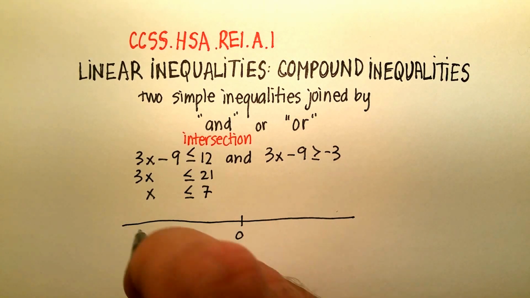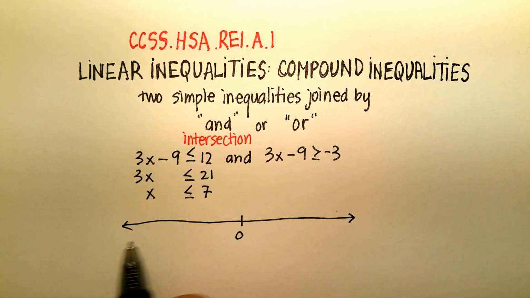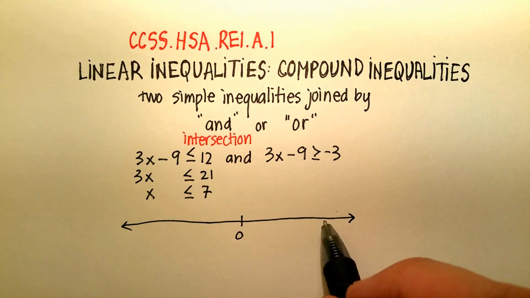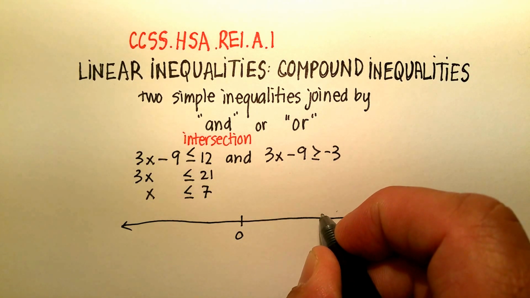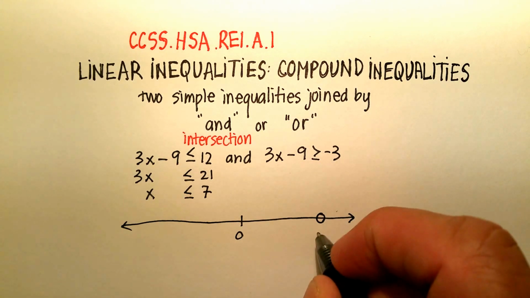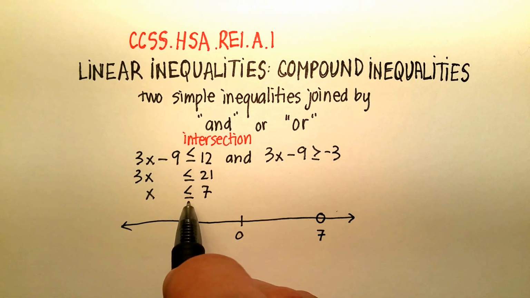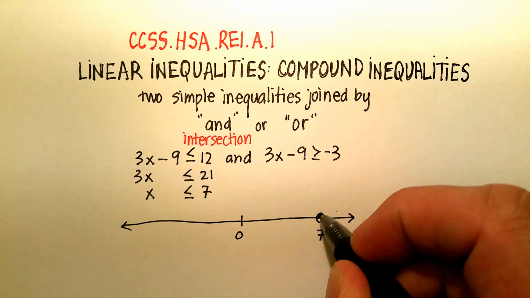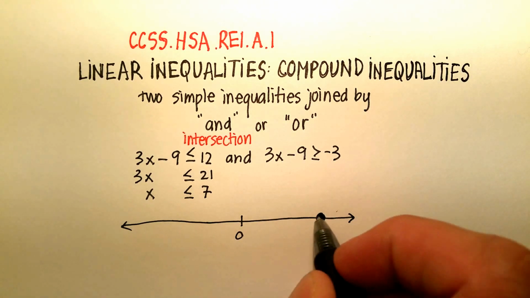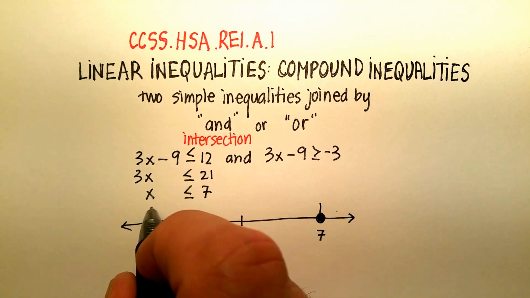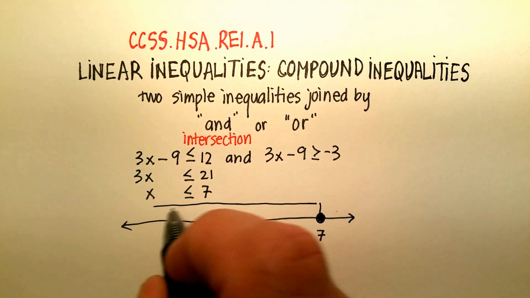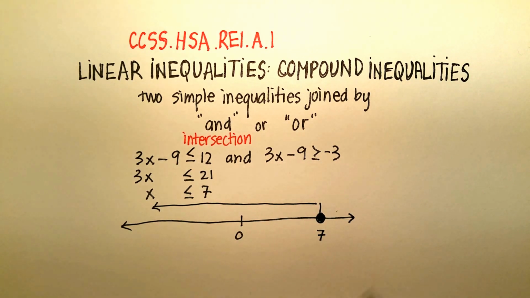There's my 0. Now when I'm sketching these, I really don't have to do all the little slash marks. I'm just going to go right about here and pretend that that's 7. It's less than or equal to, so I'm going to have a filled in dot, and less than follows the direction of the arrow in that way.